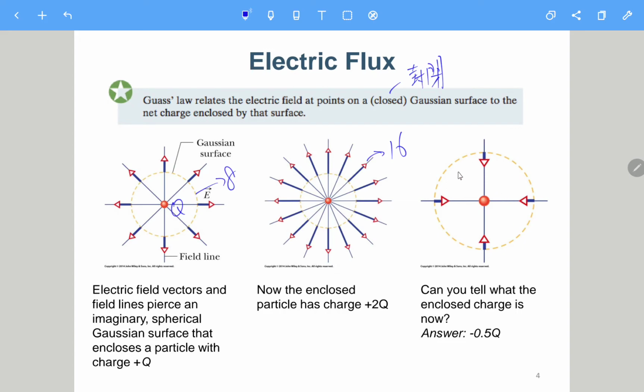And here, if we have a negative 0.5Q, negative half of Q, there should be some E field pointing inward. In that case, we will count this number to be negative 4.